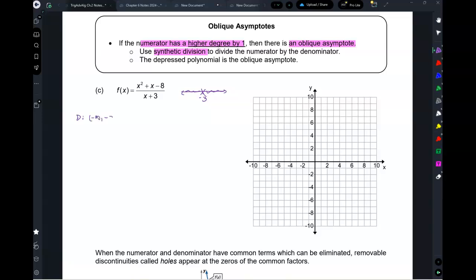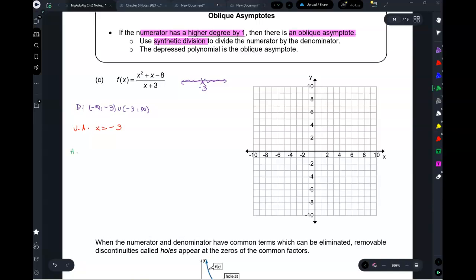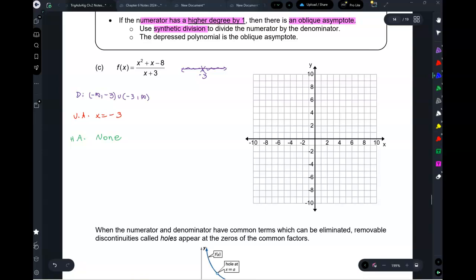So -∞ to -3, -3 to infinity. Vertical asymptote, x equals -3, because that's where the denominator equals 0. Horizontal asymptote, none. But there is an oblique asymptote.